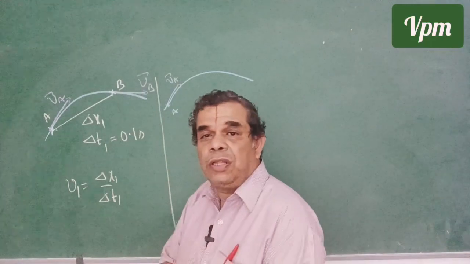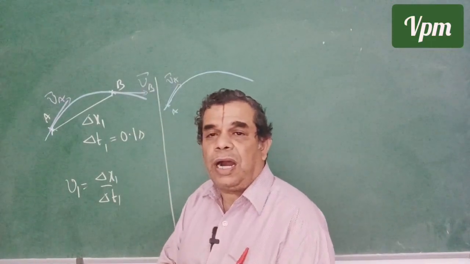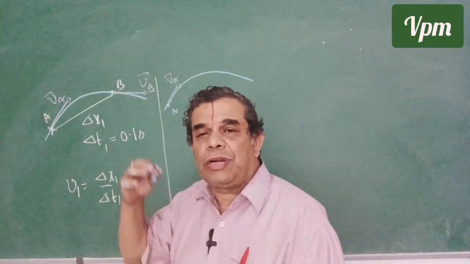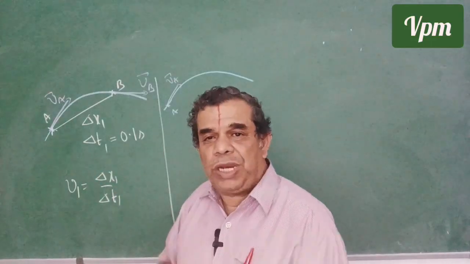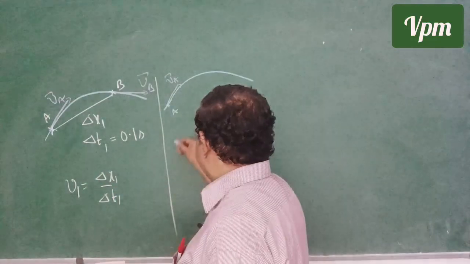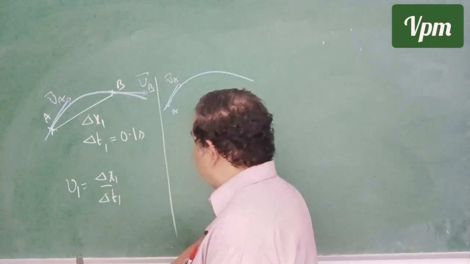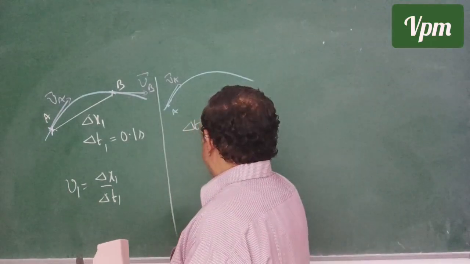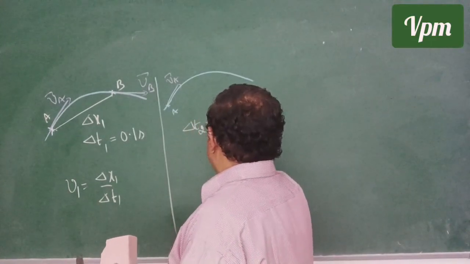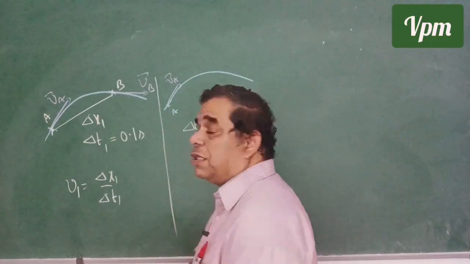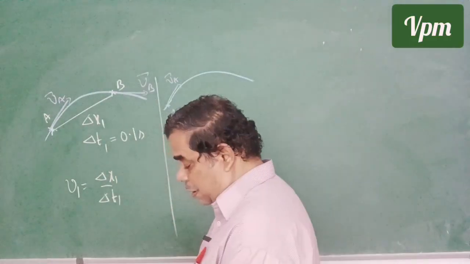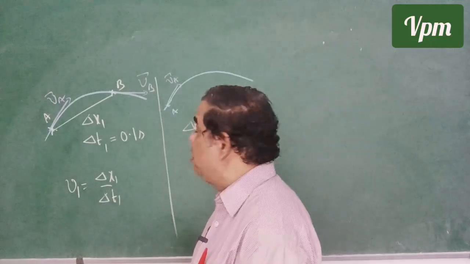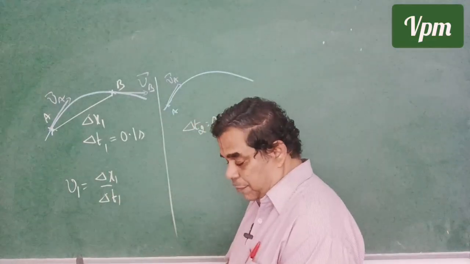But now we look at B, that is, we look at the path and the object very quickly, then delta t2 is 0.01 second. That means smaller, 1/10 of delta t1.